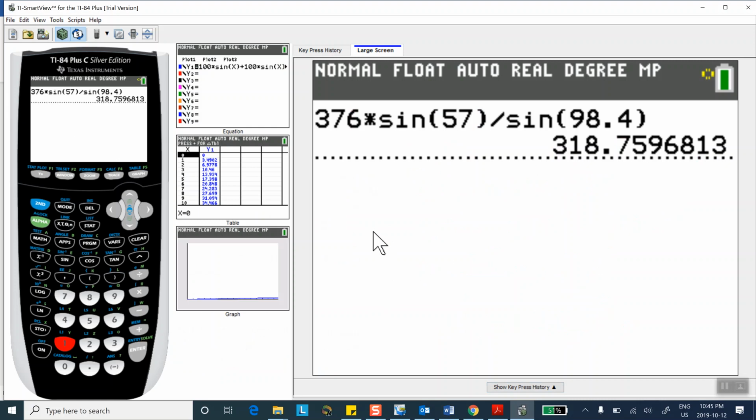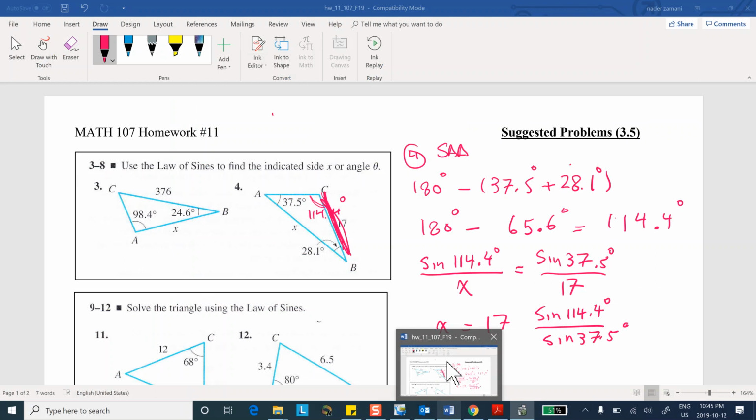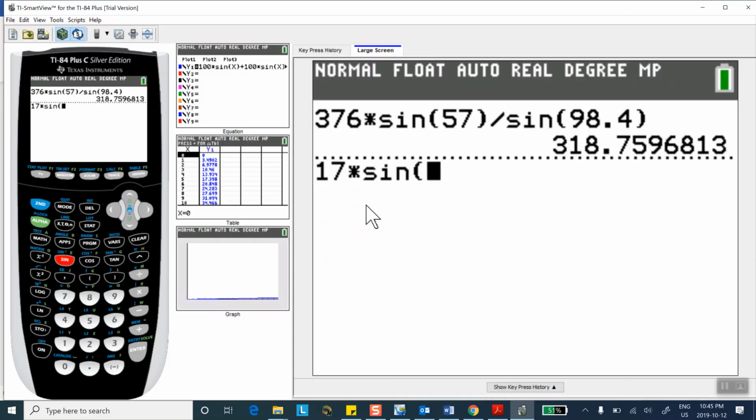Okay, so this is 17 times sine. There's my sine. And what was the angle? 114.4.